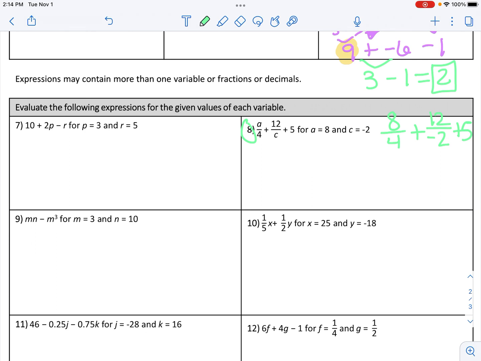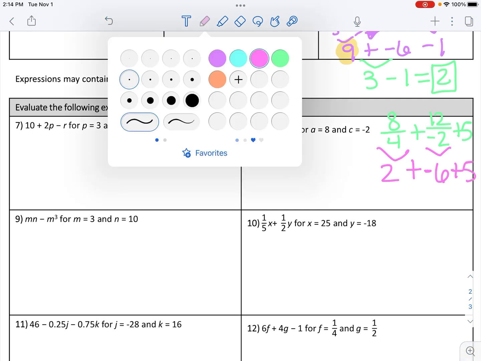Now with PEMDAS, I do not have parentheses, I do not have exponents, but I do have multiplication and division. My first division is 8 divided by 4. 8 divided by 4 is 2. Keep my plus sign the same. My next division is 12 divided by negative 2. 12 divided by negative 2 is going to be negative 6. And I'm going to keep my plus 5.